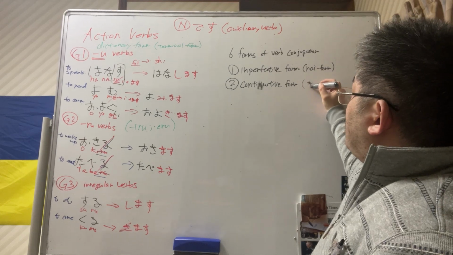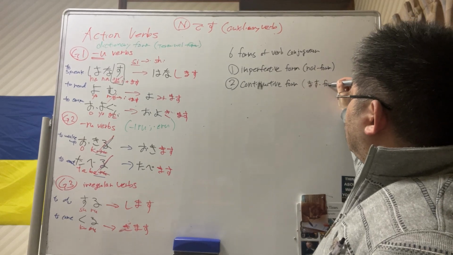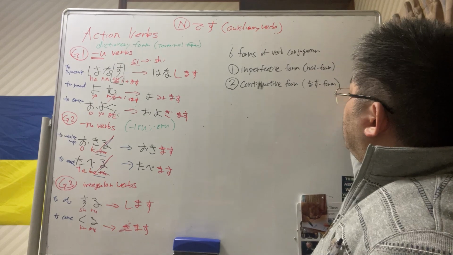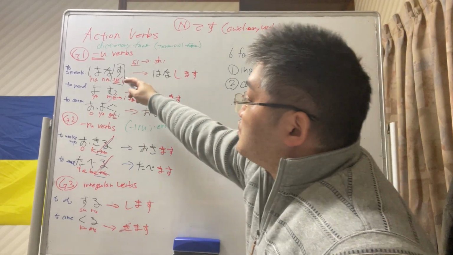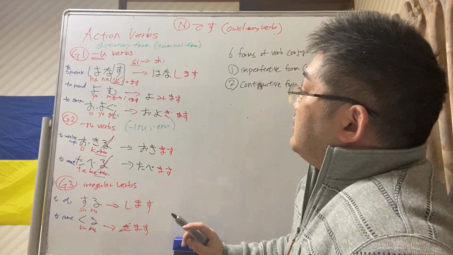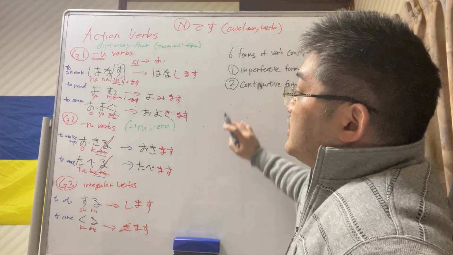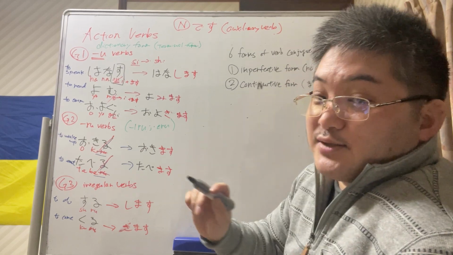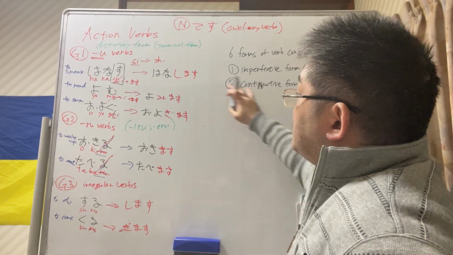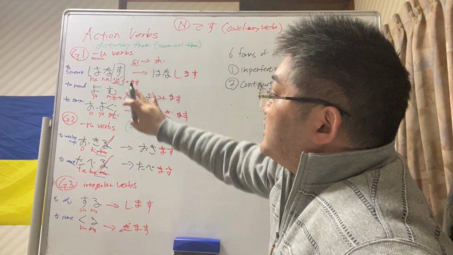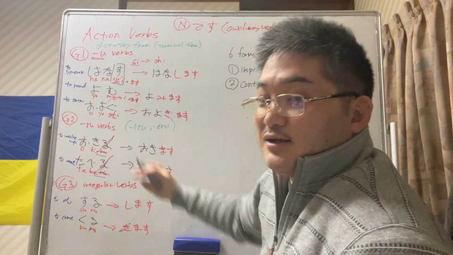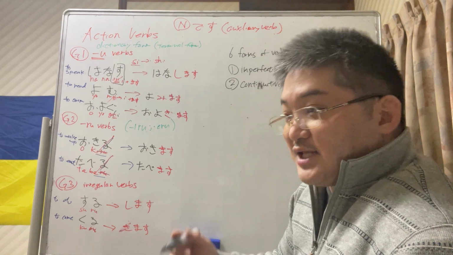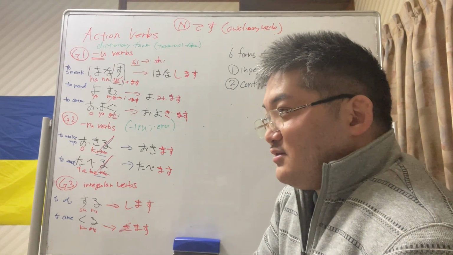This is the masu form, and this is the terminal form. It gives you the continuous form. Basically you can take the last part and add on to it. That's how I would rationalize it.